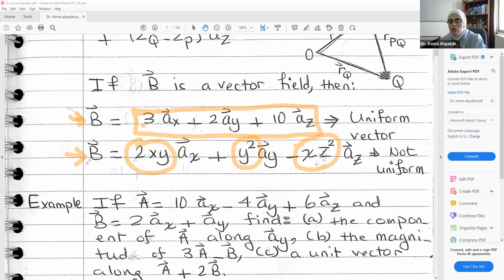But if we get different velocities in each place, it's a non-uniform vector field. Like in this example, the magnitude at any point depends on the location: here we have xy, here y squared, here xz squared.